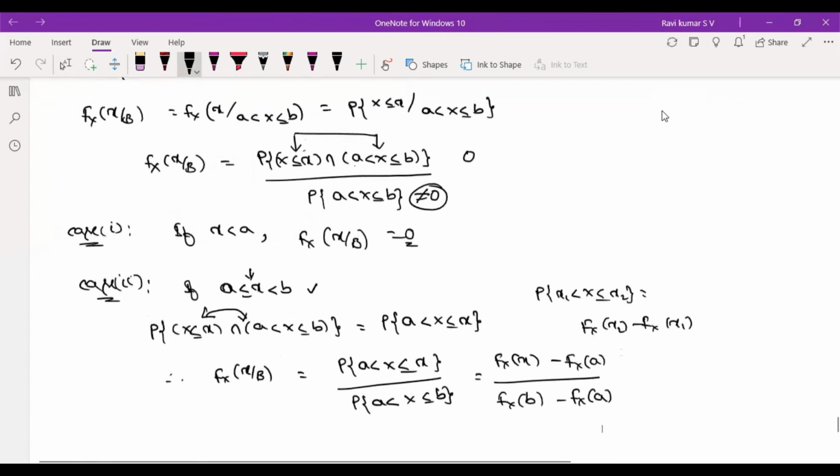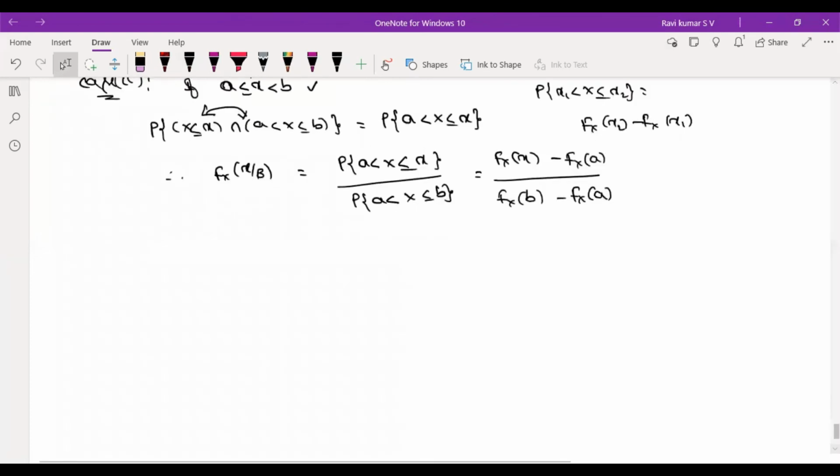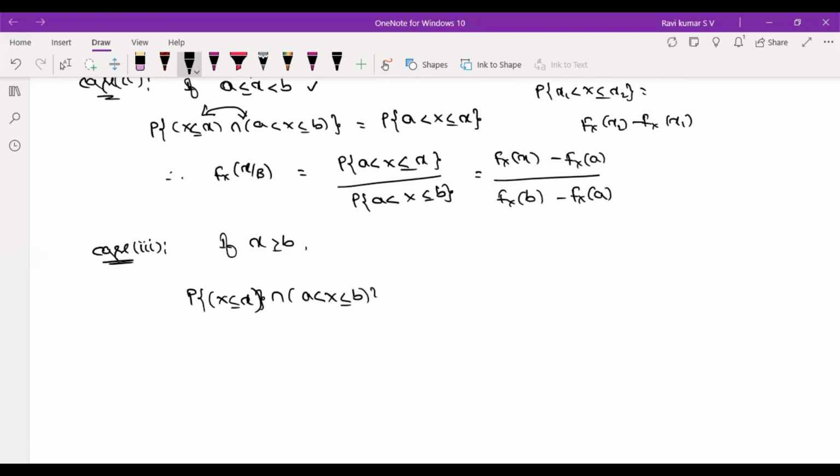So this is the expression for this condition. Now take another condition, case 3. If x is greater than or equal to b, this is a very simple condition. If you take x greater than or equal to b, then the event a less than X less than or equal to b is automatically a subset of the event X less than or equal to x.